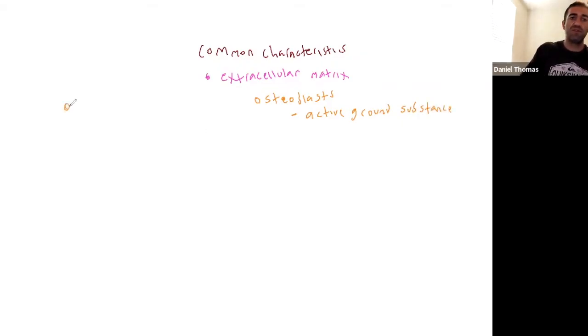So these are going to be the blasts. What they are going to do is they are going to secrete ground substance. And it's a network of fibers, as you'll see during the lab. It's a network of fibers, and it forms kind of a network.